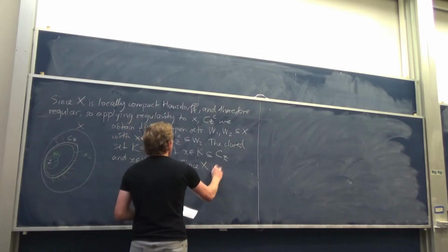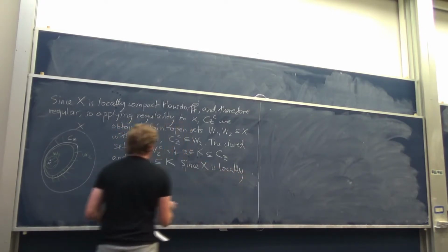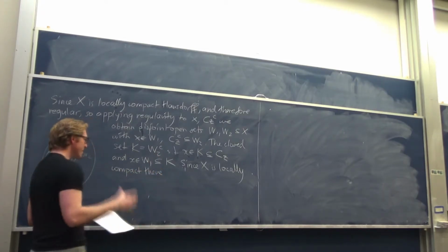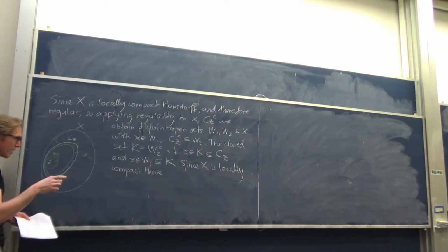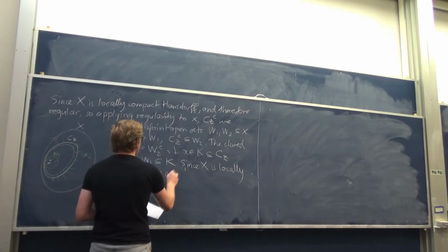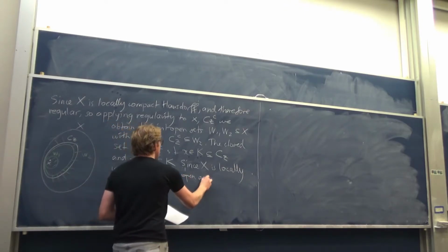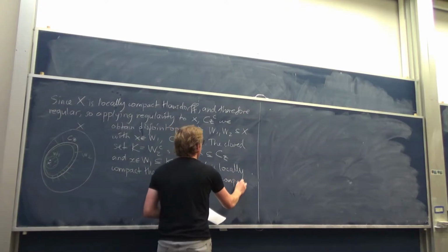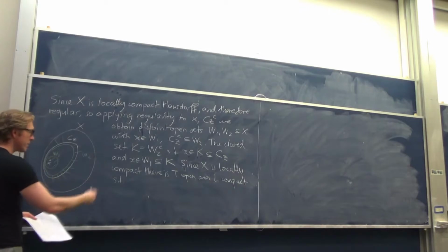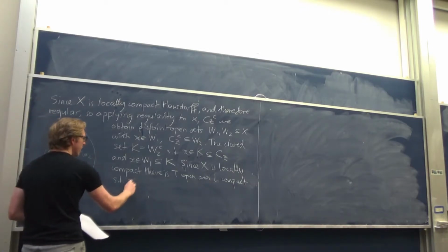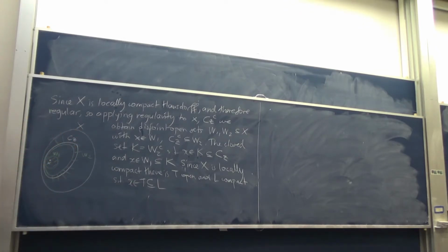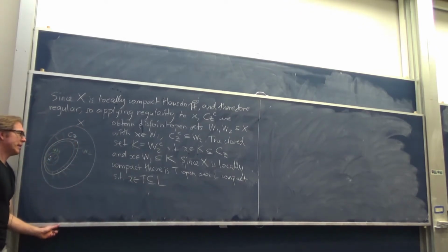Okay, so now I use that X is locally compact. What does that mean? It means there's an open neighborhood of X contained in a compact subset of X. So open and compact in X, such that X is in T, which is contained in L. That's a lot of letters on the board, I appreciate that.